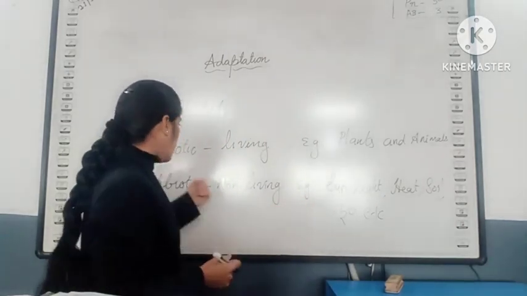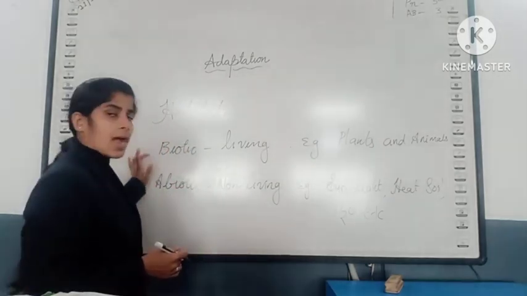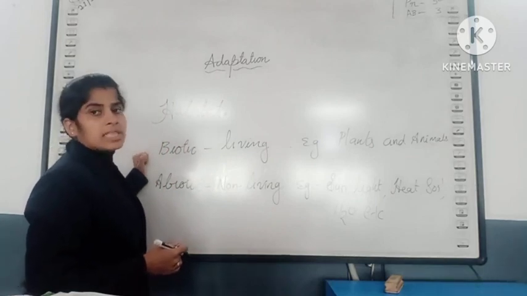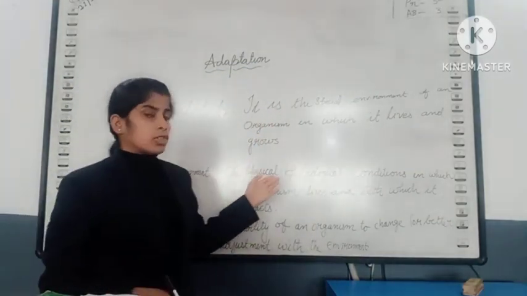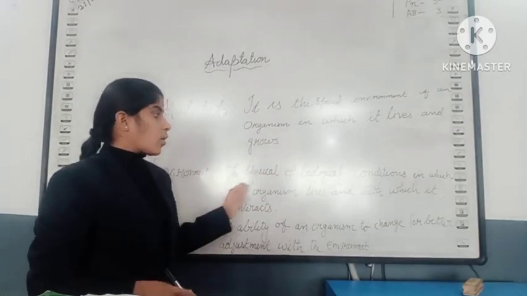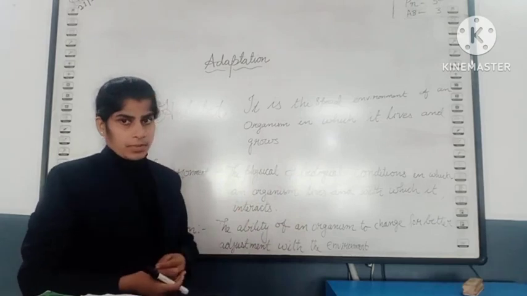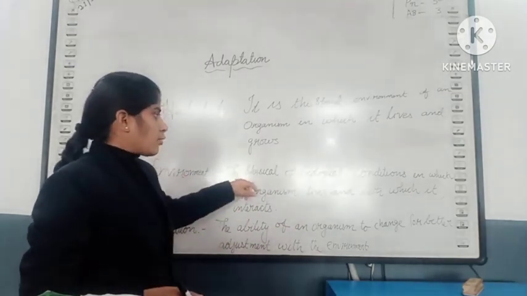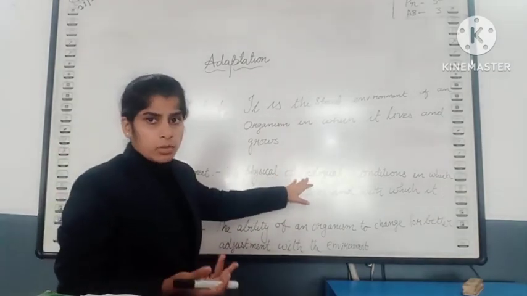Both of these are factors of the environment. So what is the definition of environment? Environment is the physical and biological conditions in which an organism lives and with which it interacts.